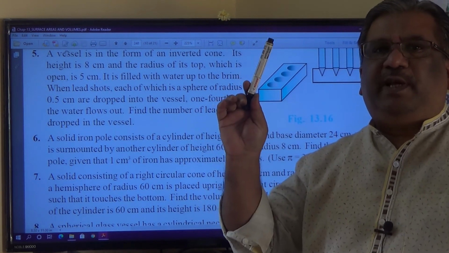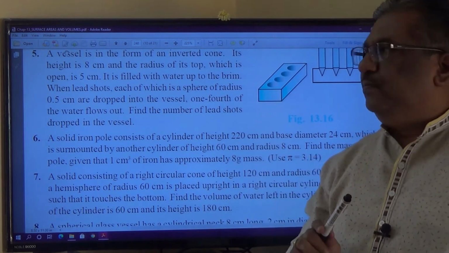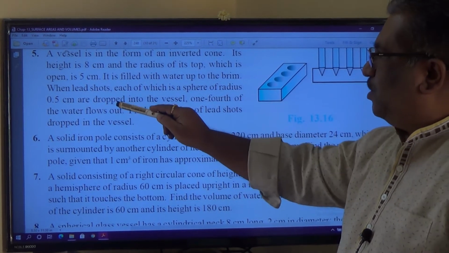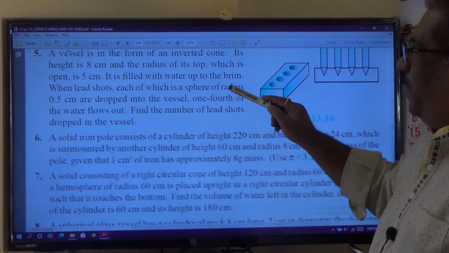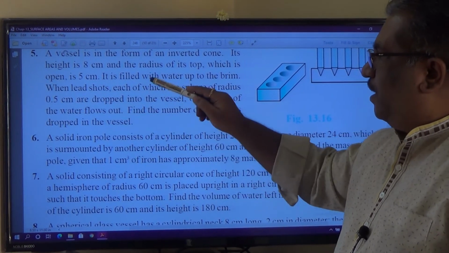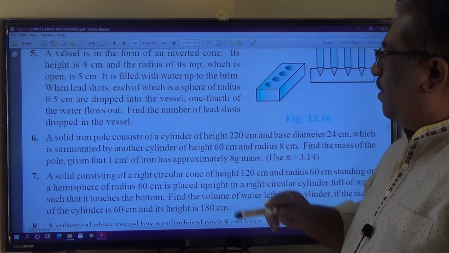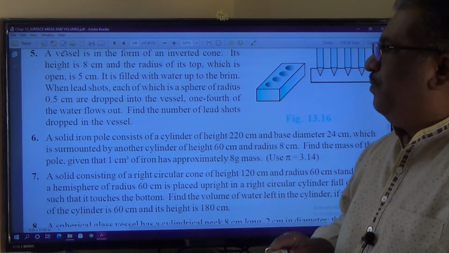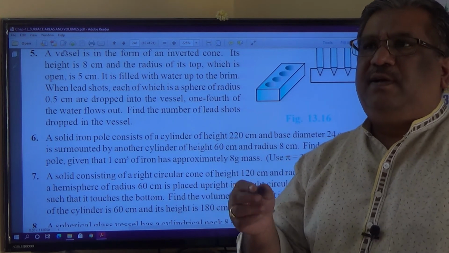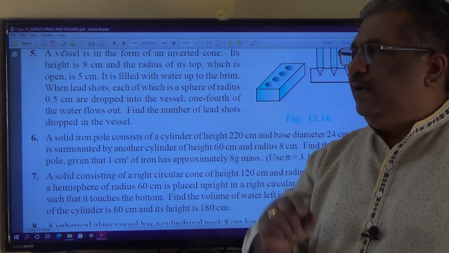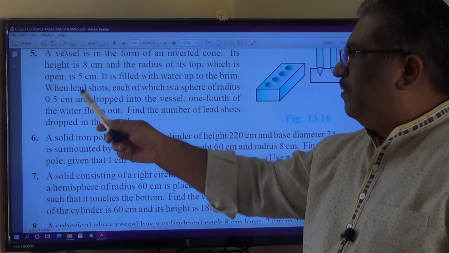It is filled up to the edge of the top of the cone. When lead shots, each of which is a sphere of radius 0.5 centimeter, are dropped into the vessel, 1/4 of the water flows out. Find the number of lead shots dropped in the vessel. Lead shots means metal balls, lead balls basically, of radius 0.5 centimeter.